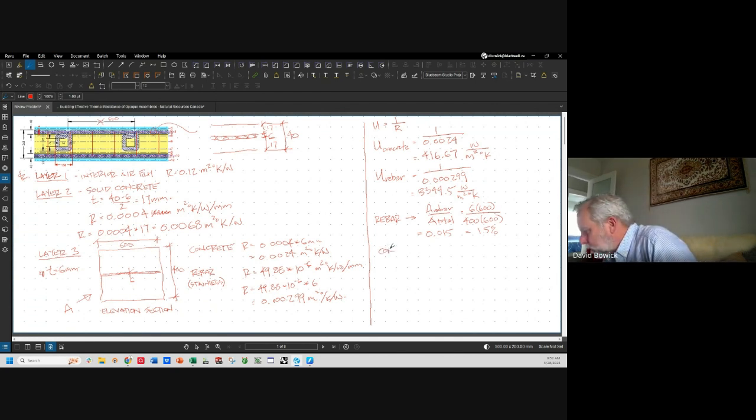Concrete over A total equals 100% minus 1.5%.